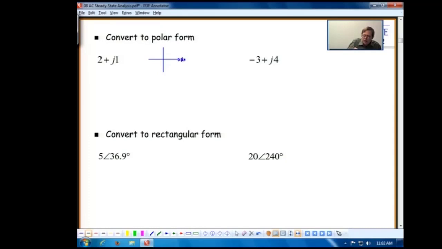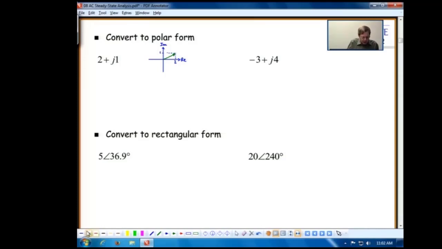This is the real axis, this is the imaginary axis. The real part of this complex number is 2 and the imaginary part is 1. So that's describing a vector that has the origin at the center and it's in the first quadrant.